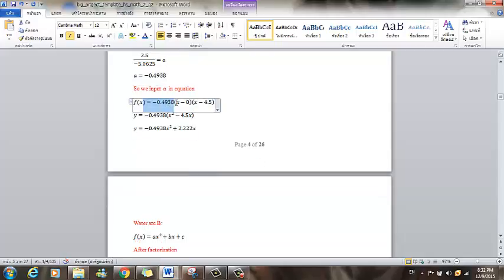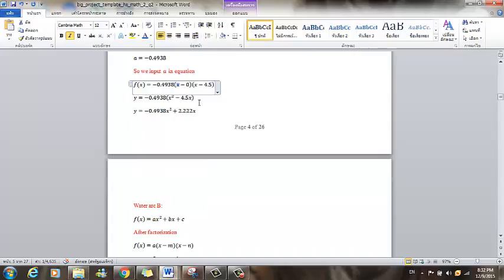We input a in the equation. So we input a here, and now we multiply this. So it's gonna be this and this. We multiply x by x, it's gonna be x squared, and x multiplied by 4.5 is 4.5x. 0 is nothing because it's 0.